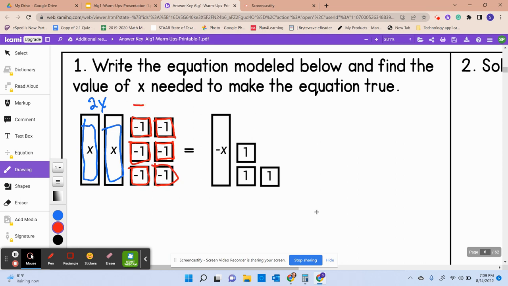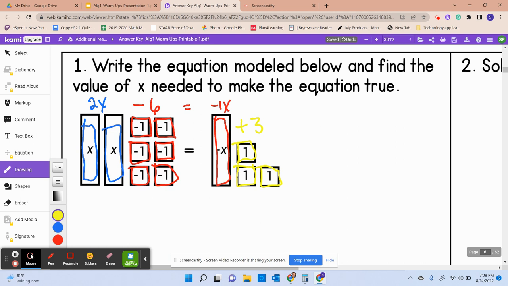So 2x minus 6 is equal to, and now you have a minus 1x and a positive 1, 2, 3. So 1x minus 3. All right.